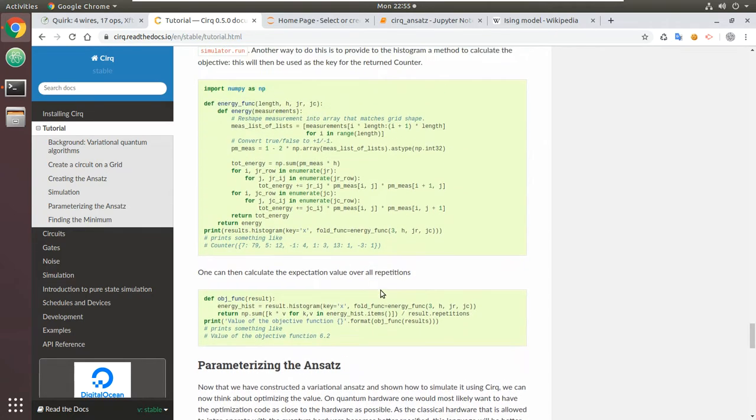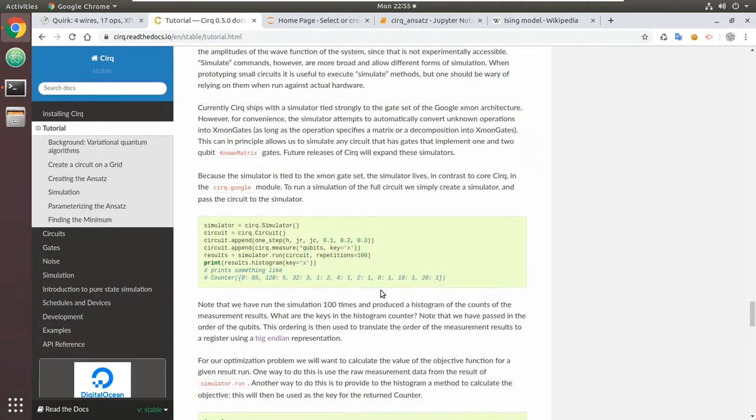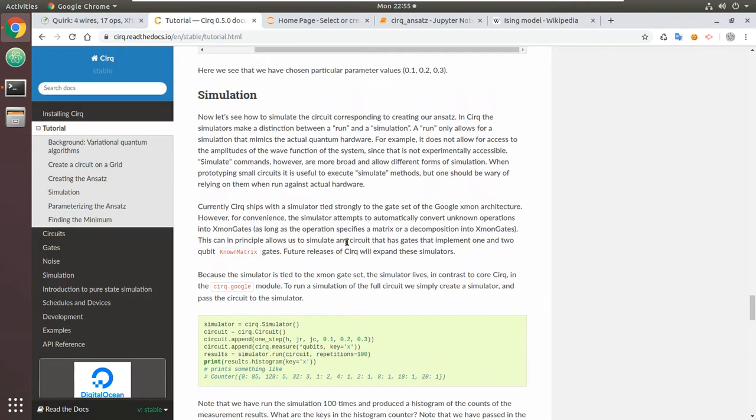Parameterizing. Because for a second I thought maybe that's a key X. Okay, that's just a reference.